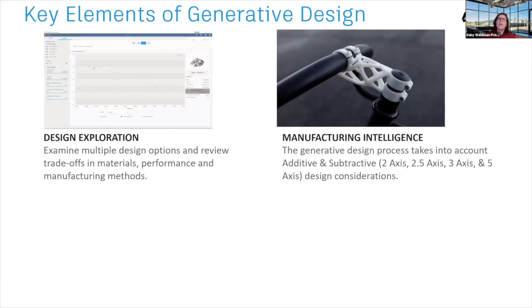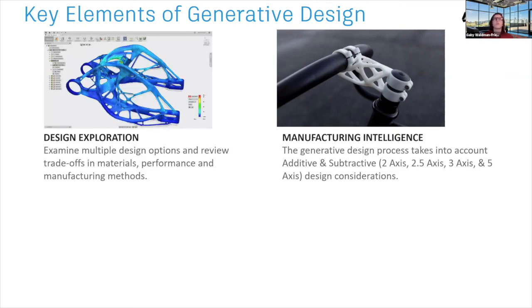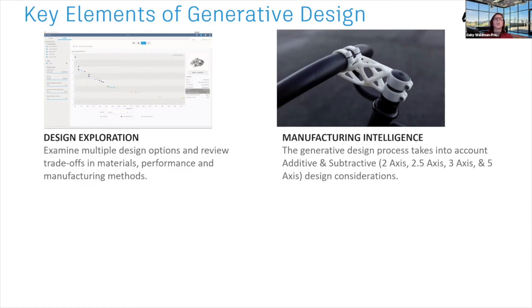You could also identify multiple types of manufacturing methods, and then it's going to create outcomes that can be manufactured in different ways. So it'll create outcomes for 3D printing. It'll create outcomes for 2-axis cutting, like water jet cutting or laser cutting, and then maybe it'll create outcomes for 3-axis milling or 5-axis milling if you specify those as well.